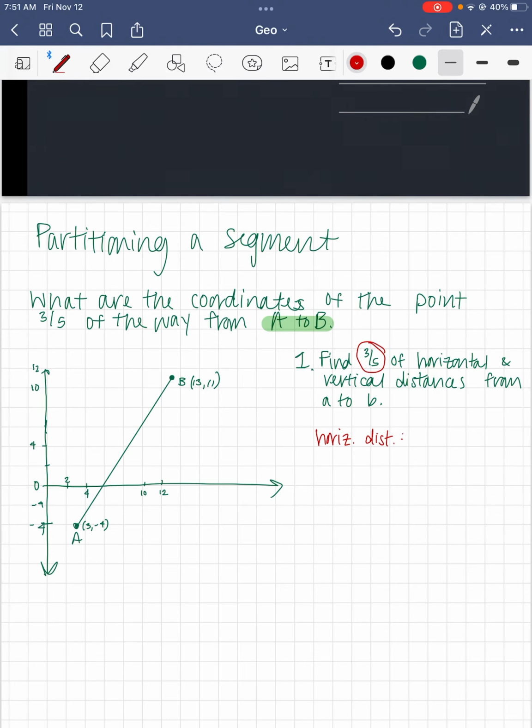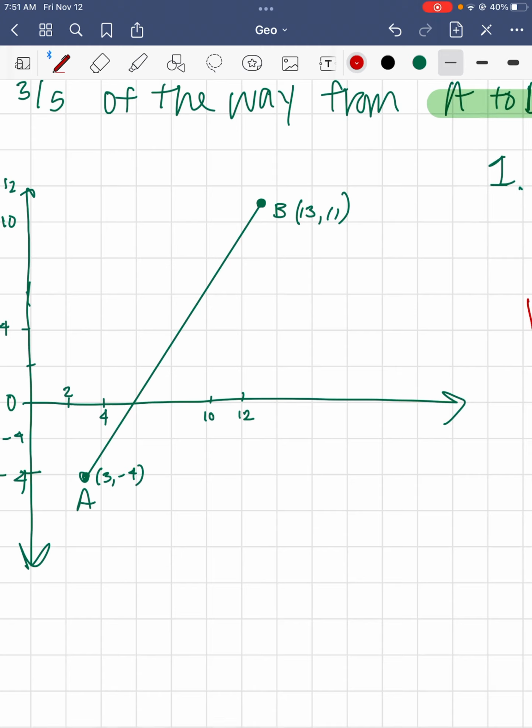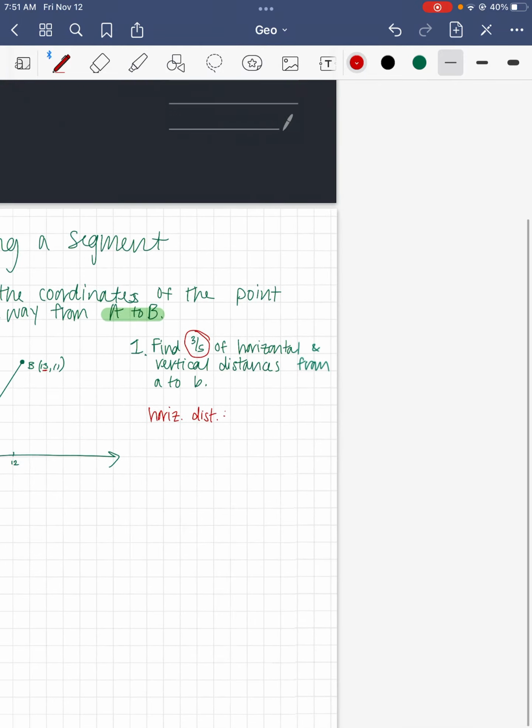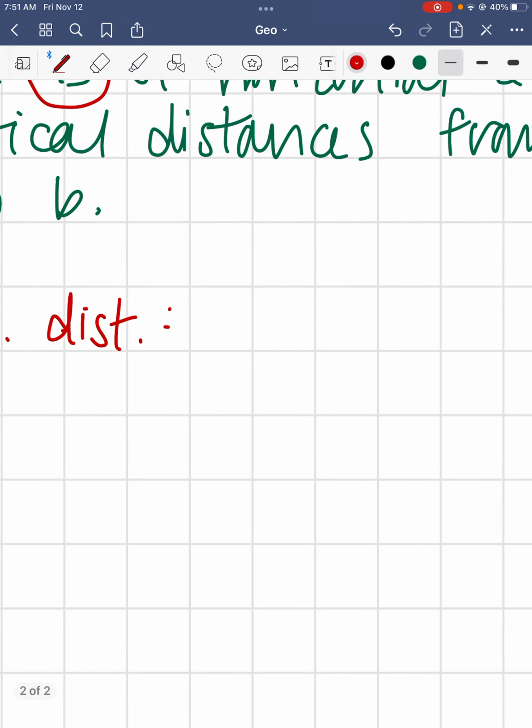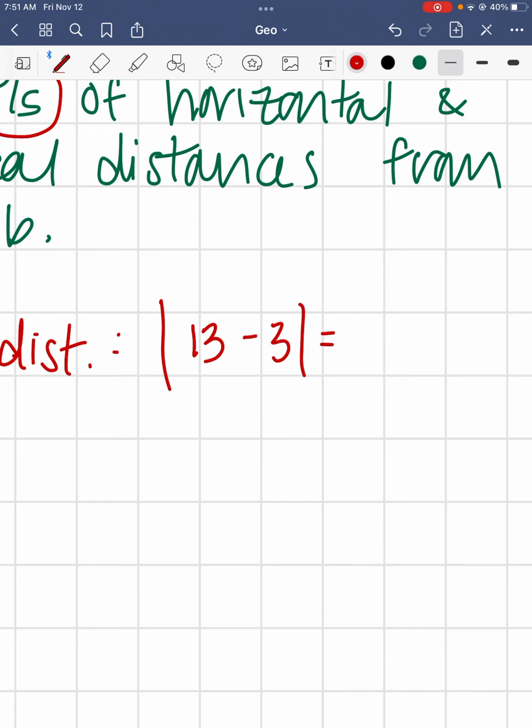And here we're looking just at horizontal. Which part of the coordinate represents the horizontal distance? Well, x does. So we're going to be looking at 13 and 3. Our horizontal distance is going to be the absolute value of 13 minus 3. And 13 minus 3 is 10. What's the absolute value of 10? It is just 10 because it's already positive.